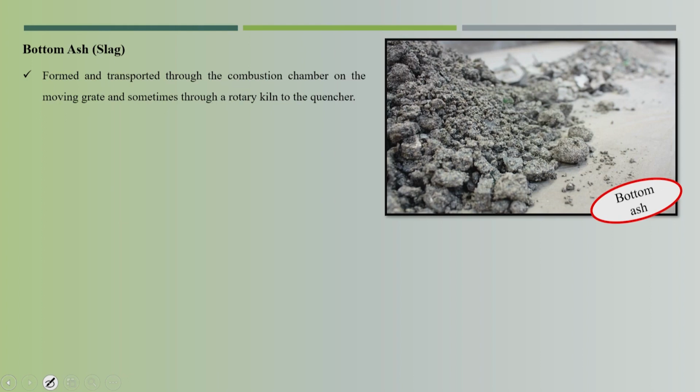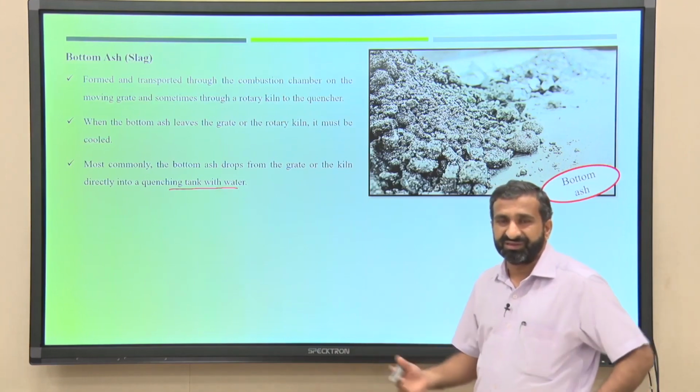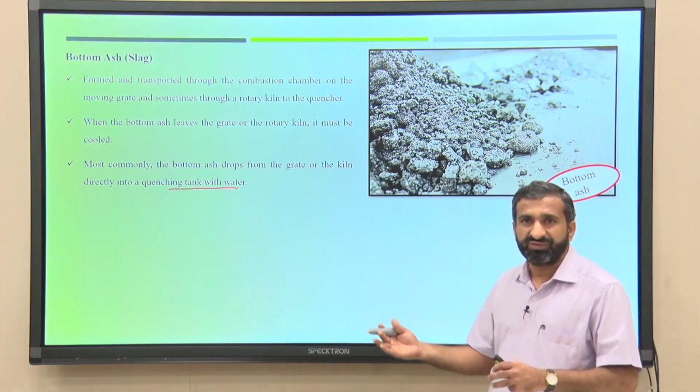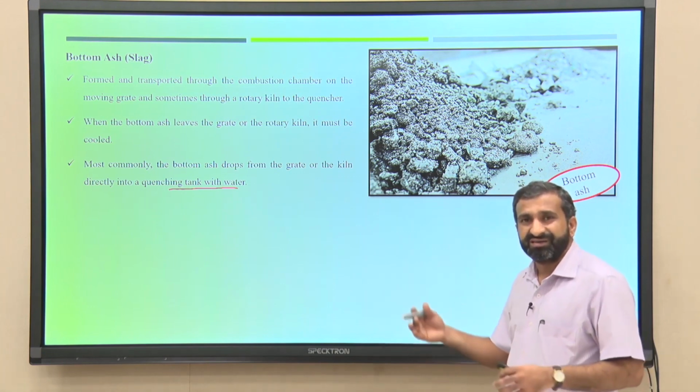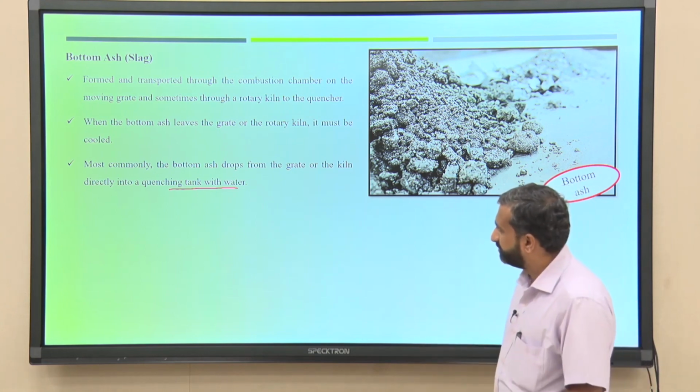Because of that, this ash is directly quenched into water, not simply dropped onto some area or field. When the bottom ash leaves the grate or the rotary kiln, it must be cooled. Most commonly the bottom ash drops from the grate or kiln directly into a quenching tank with water. That benefits in both ways, because the ash is cooled by the quench, and storage is also very easy and beneficial.